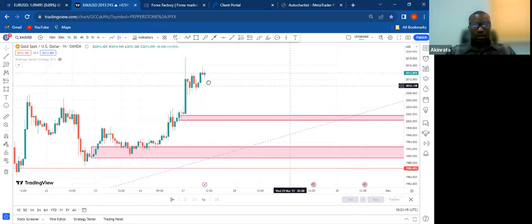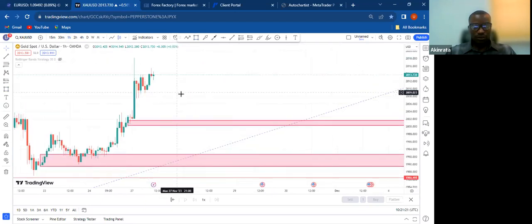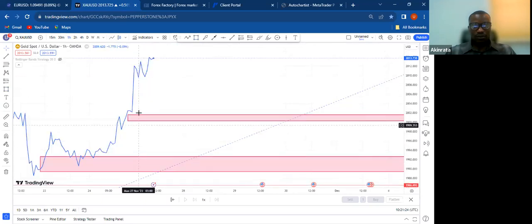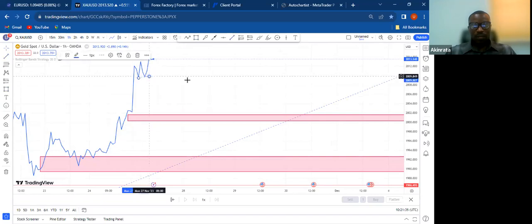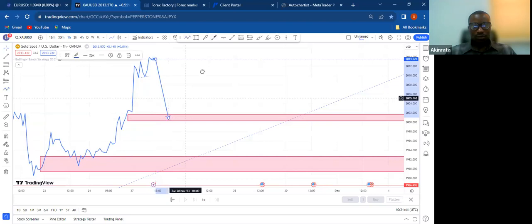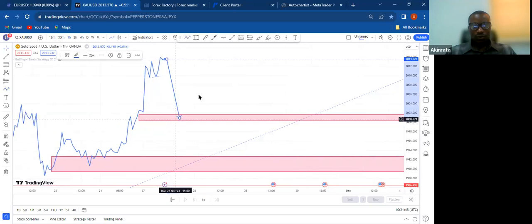You can see on 1 hour time frame what price is trying to create. This is another level. So before price can break, this has to be broken. You have a liquidity here, double bottom liquidity, right? So we need price to tap into this, comes down, then see if we can continue moving forward.